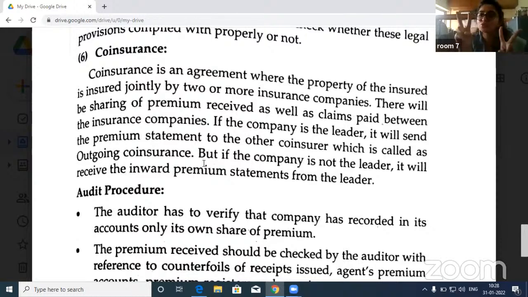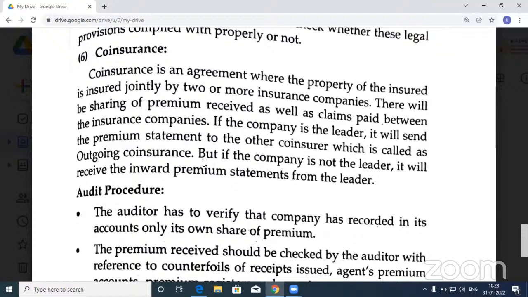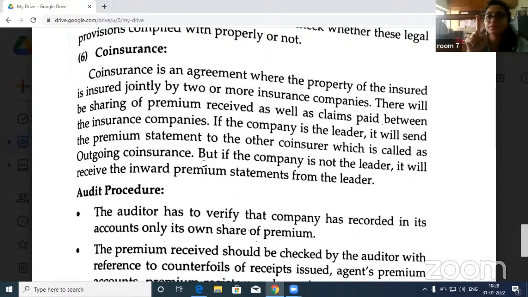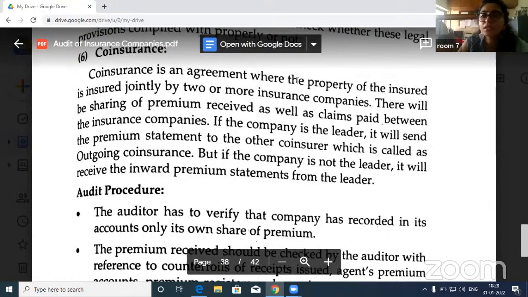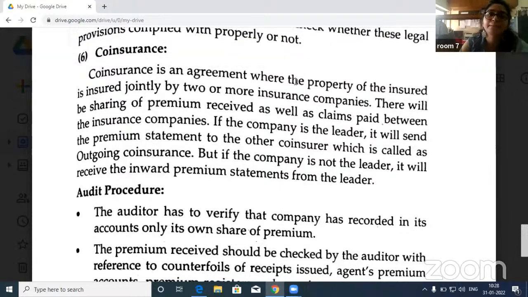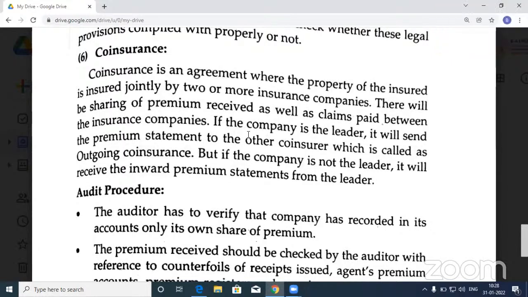I only choose two different companies. Are you getting my point? Yes, ma'am. So now two different companies will handle one property jointly, together. Jointly means together. So 1 crore is taken by A company, another 1 crore will be taken by B company. Okay, students? Yes, ma'am.